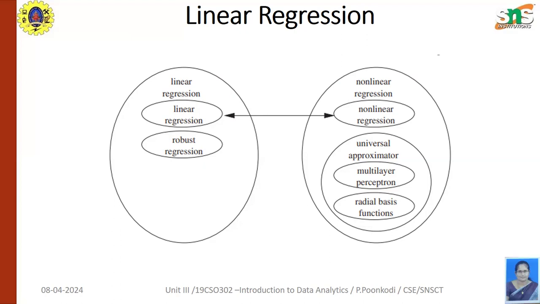The radial basis function will be used to measure the radial basis for two or more attributes used in the regression. So basically, regression will be used to identify the non-linear functional dependencies between features.